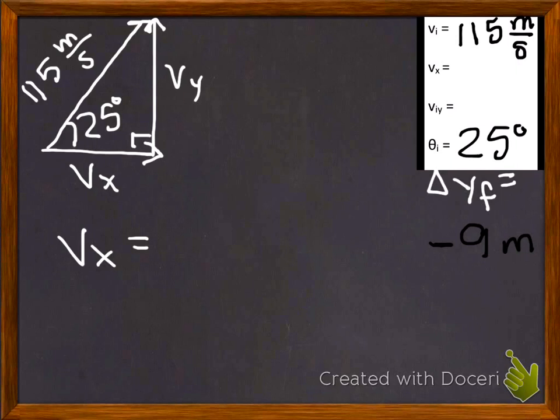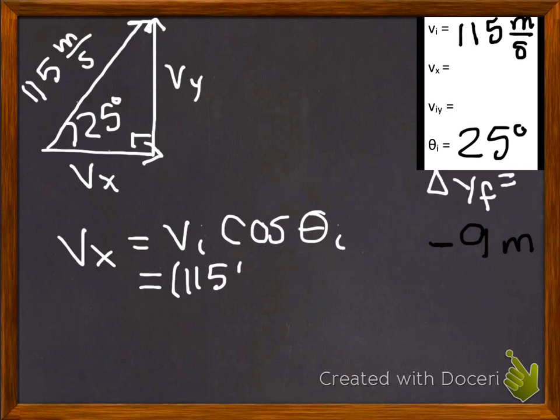Well, we can look at the triangle and see that Vx is adjacent to the angle that we have. We also have the hypotenuse of this triangle, so the thing that links adjacent and hypotenuse is cosine. So for Vx, we'll have Vi cosine theta I. So the angle that it's launched at here, 115 meters per second times cosine of 25 degrees.